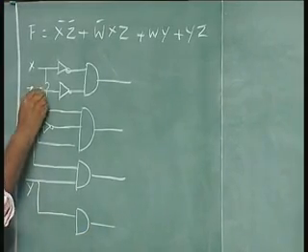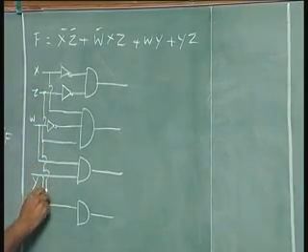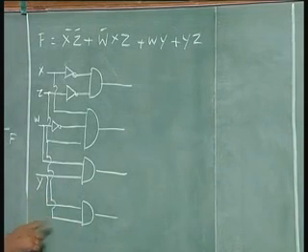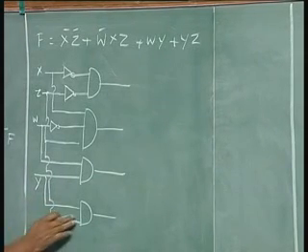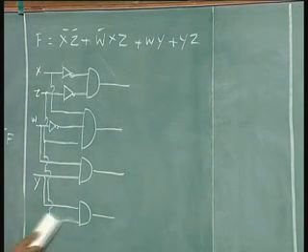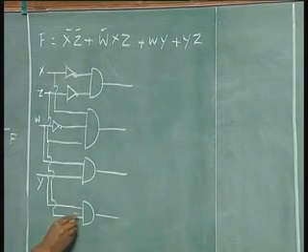Z has to come from here, which is here. So if you don't want to lose track of these inputs, you can write it one more time here.